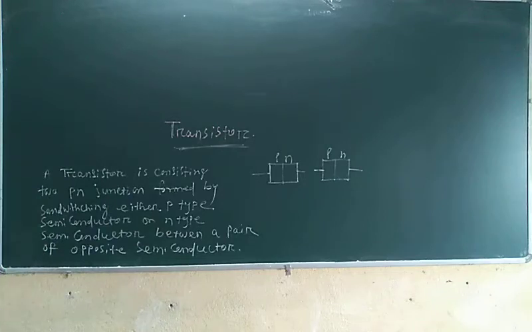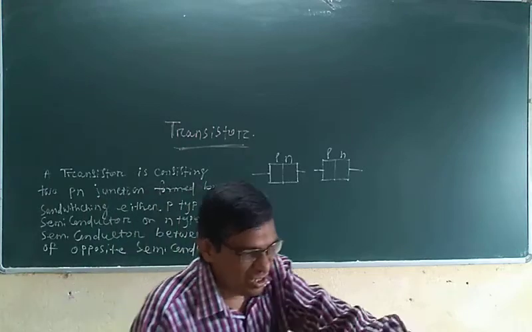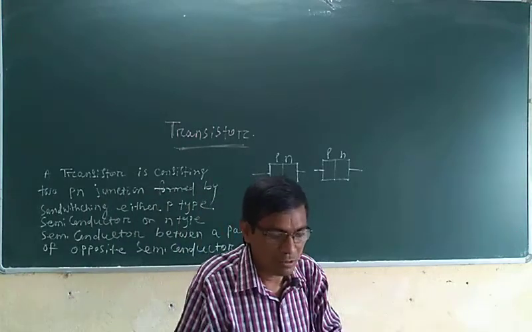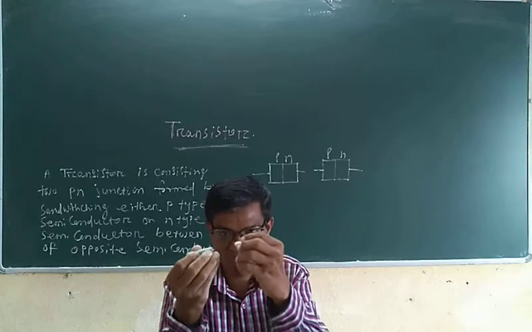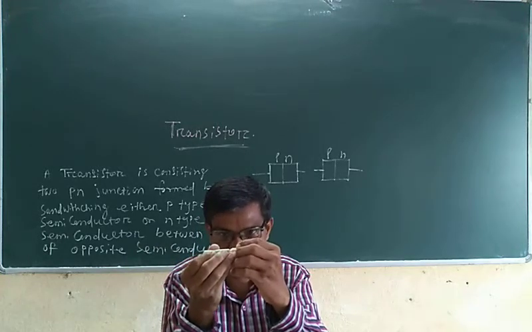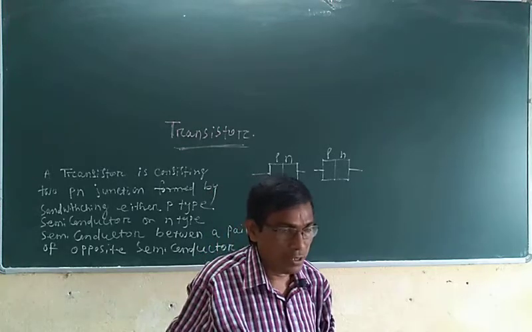Now the transistor is consisting of two PN junction formed by sandwiching. Means suppose this is a PN junction and this is a PN junction. When these are combined, two PN junction are combined to form a transistor.